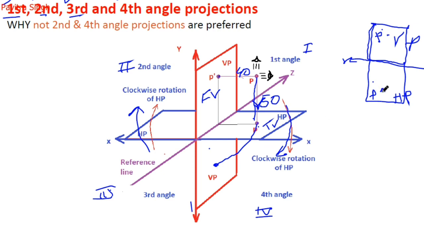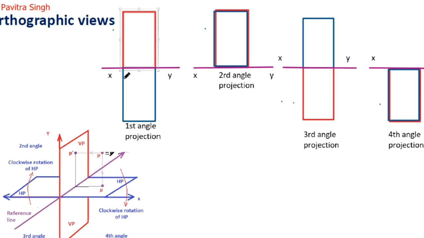So this is the front view, point P dash, above the xy line, and this point P will be rotated in the clockwise direction. So this point P will be placed here.